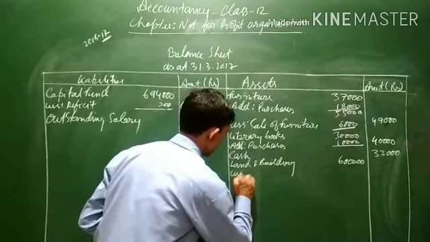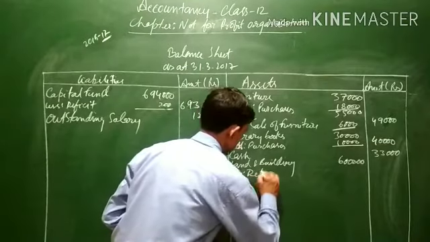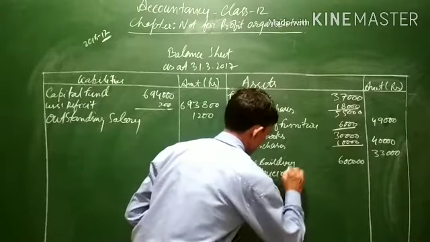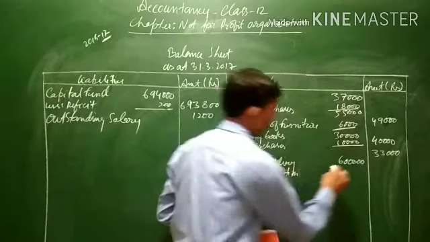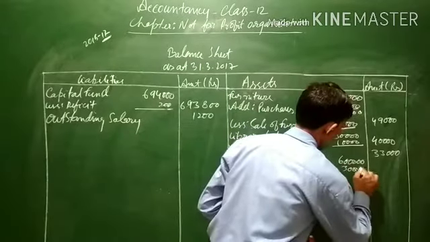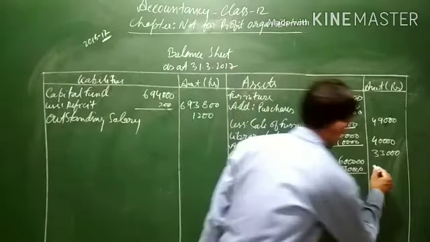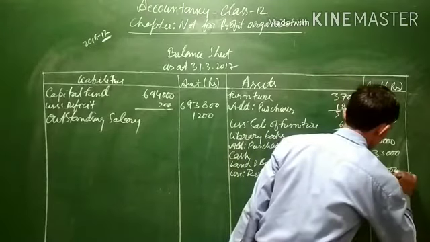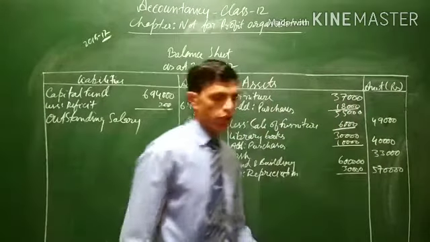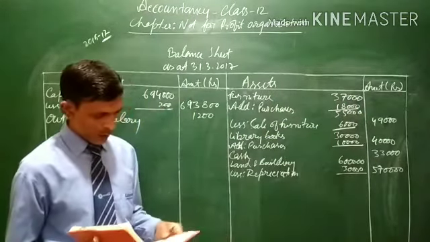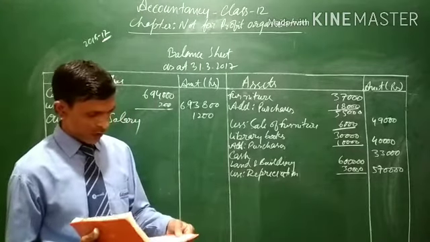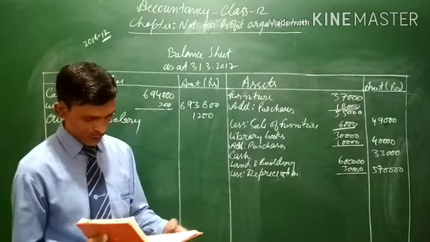We will be writing here less depreciation, 5% depreciation, it will come to 30,000. It will be deducted. Balance of land and building will be 5,70,000.